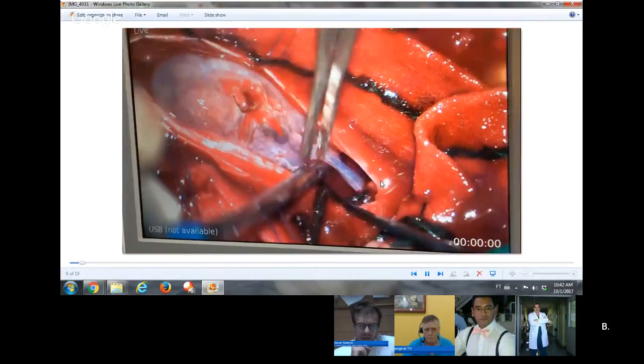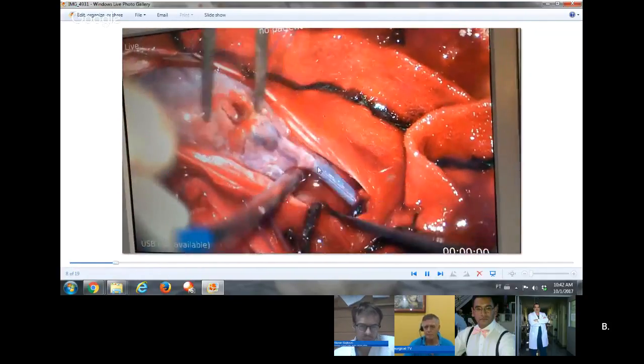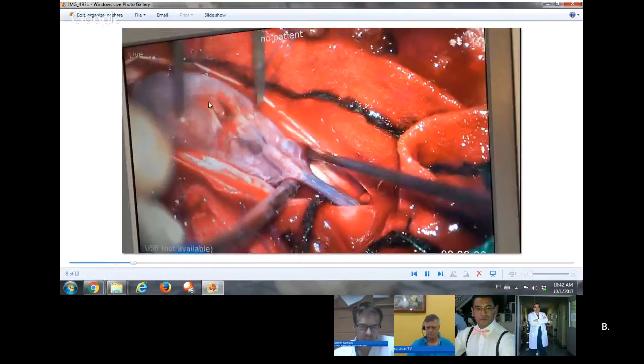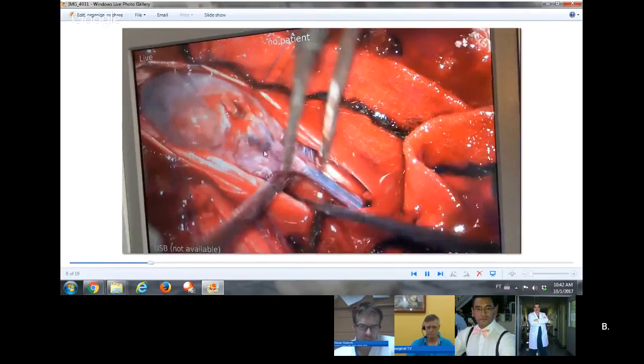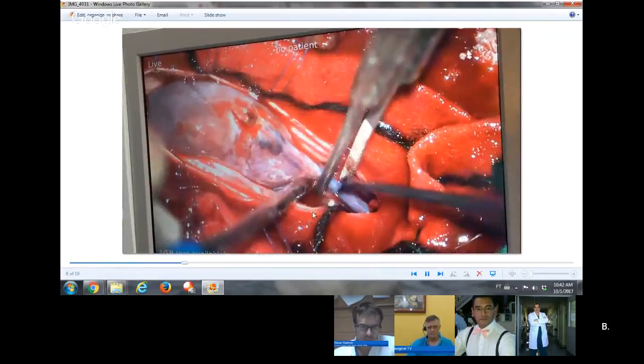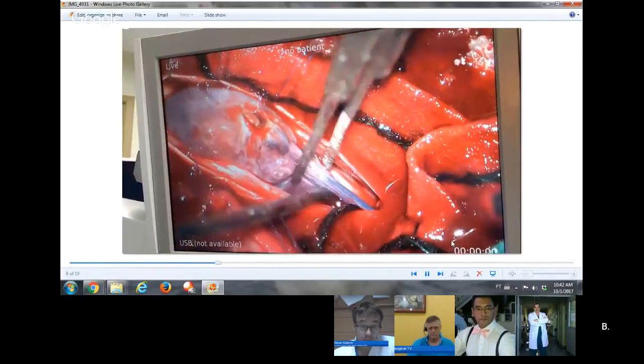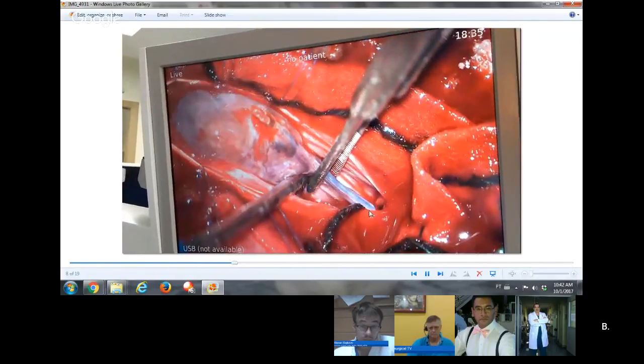And this is the other part of the terminal filum. This is the caudal part. This is the cranial part. I'm showing the tumor and the caudal part of the terminal filum. We are going to cut it and then remove the lesion.